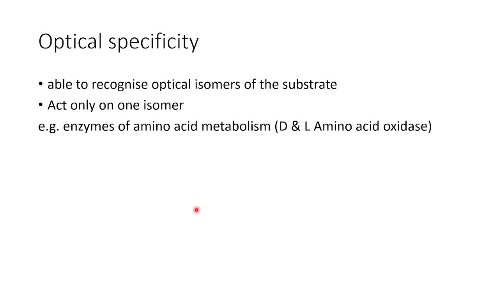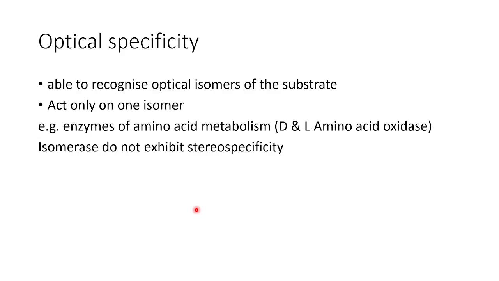So optical specificity is being able to recognize the optical isomers, like I was telling, the D and L amino acid oxidases. Isomerases do not exhibit stereospecificity because isomerism is just changing one molecule to the other. If it's stereospecific, what would happen?